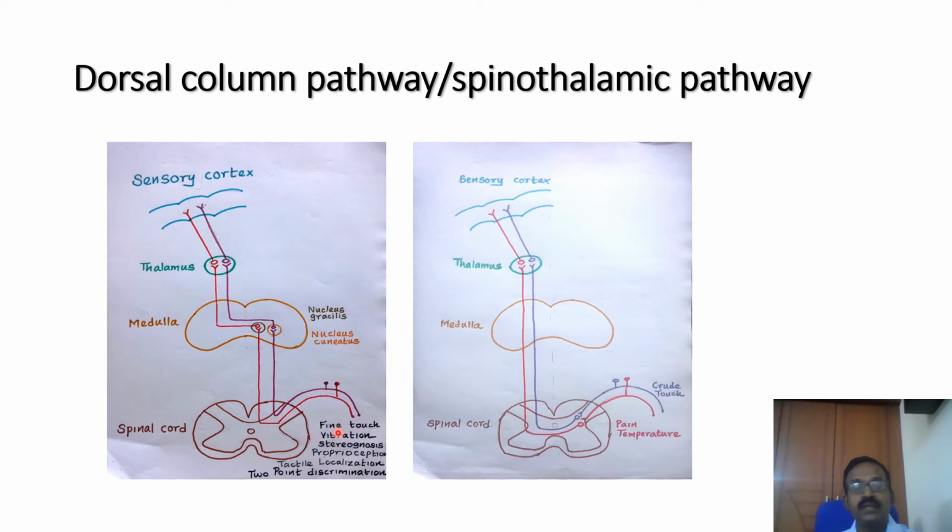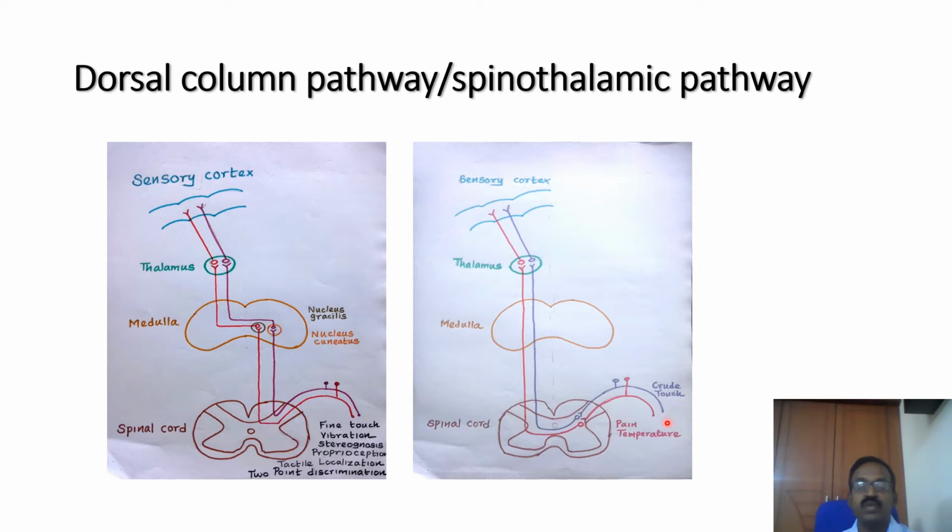It carries fine touch, vibration, stereognosis, proprioception, tactile localization, and two-point discrimination. The first order neuron goes from the receptor up the dorsal column of the spinal cord to the medulla, crosses to the opposite side, and reaches the thalamus. The third order neuron supplies the sensory cortex.